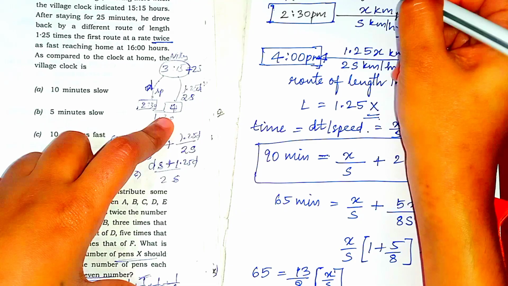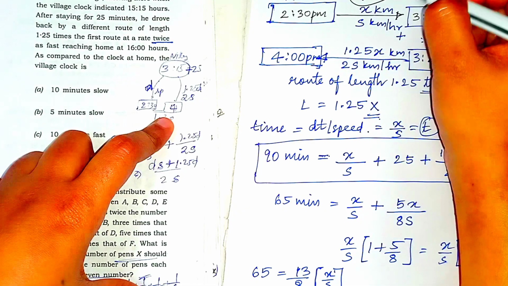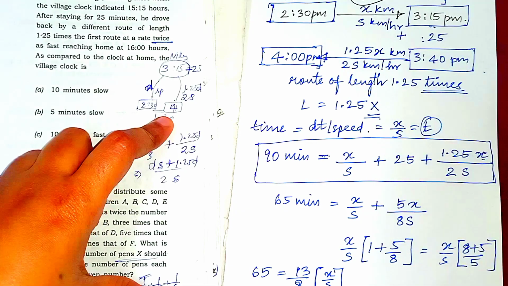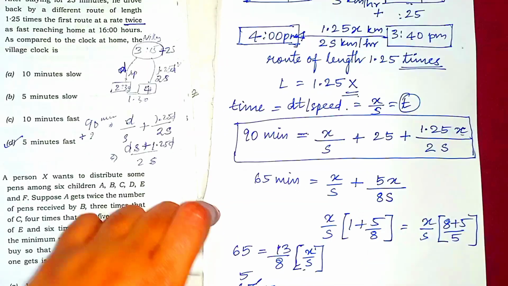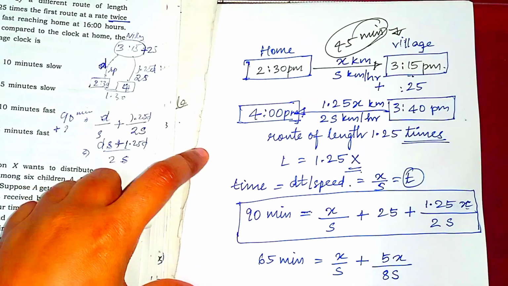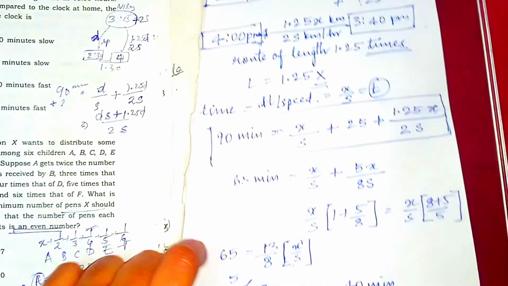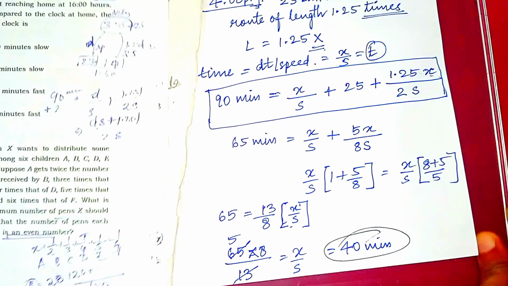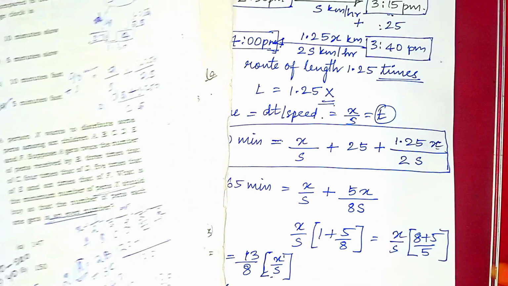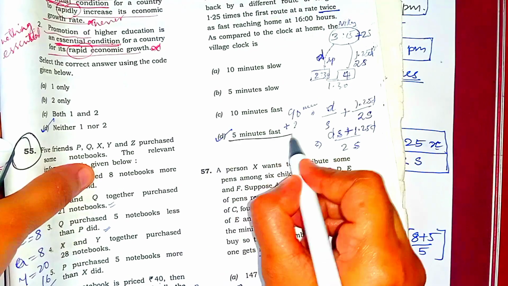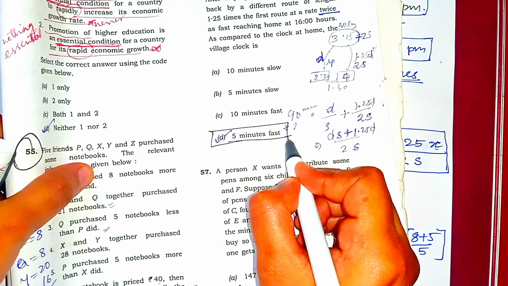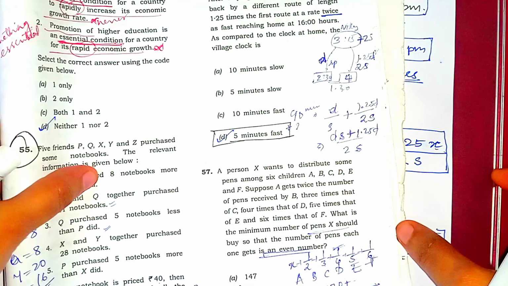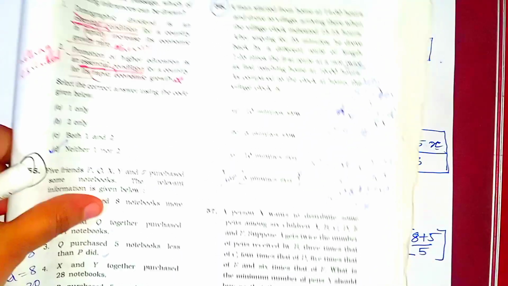So 45 minutes is the time shown in the village, but the actual time taken is 40 minutes. So you will know now that the village time is 5 minutes faster than the actual home time. Thank you.